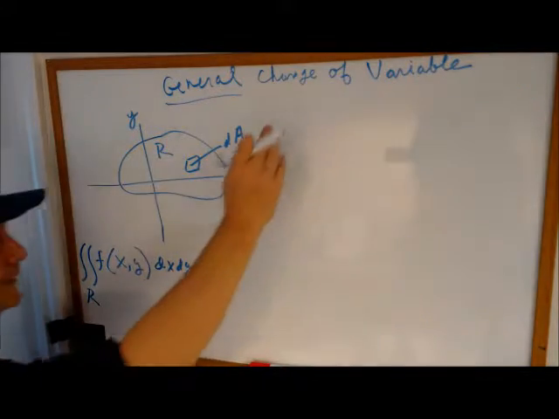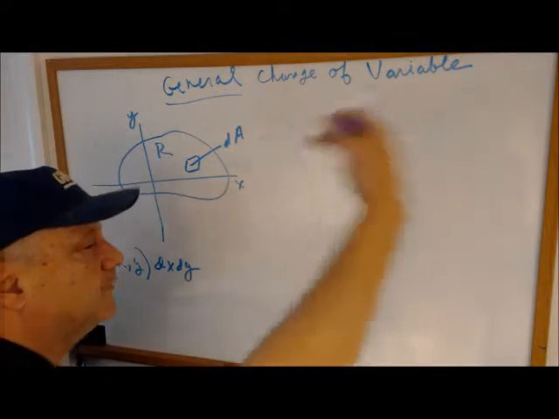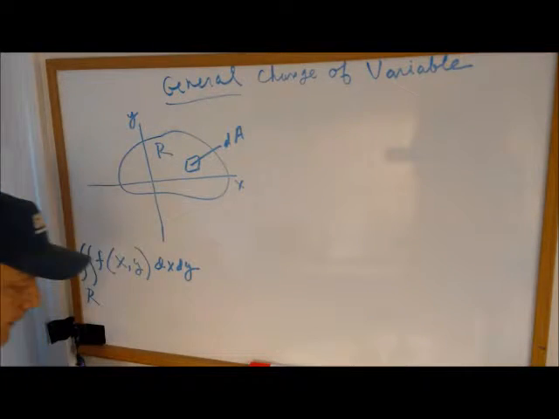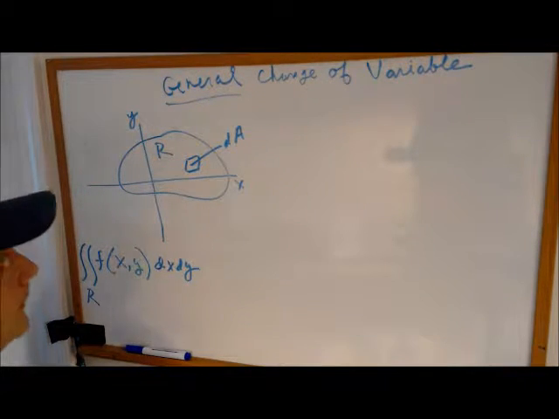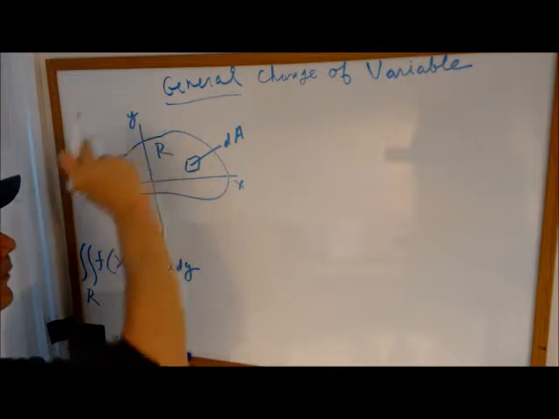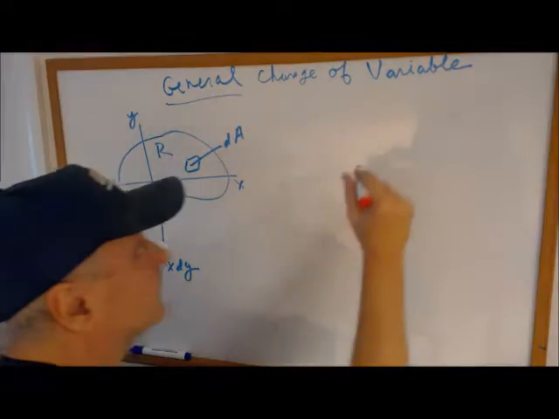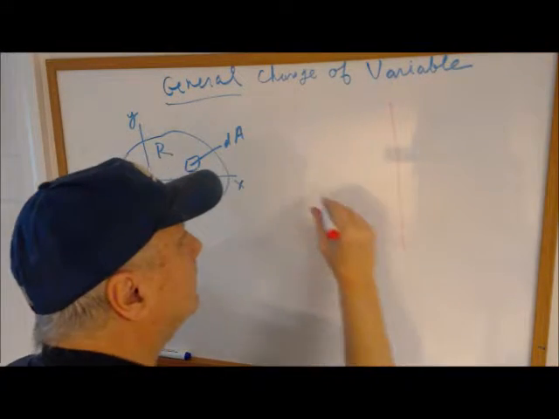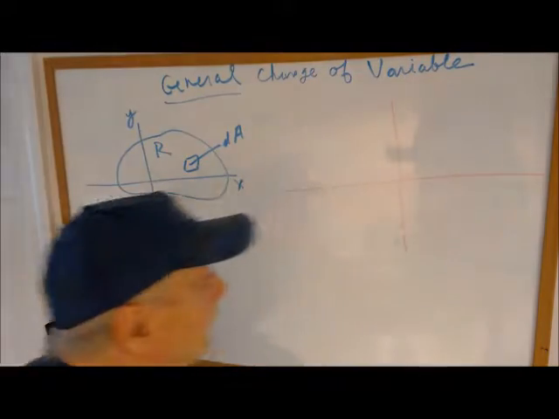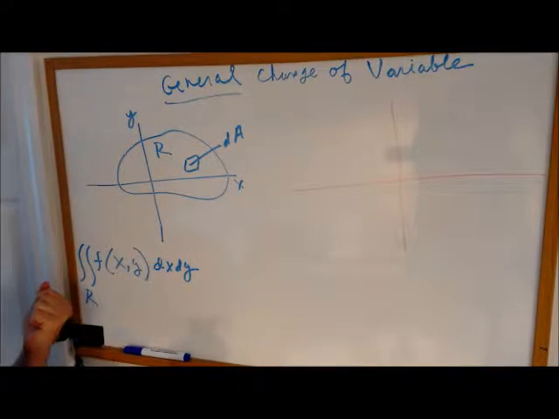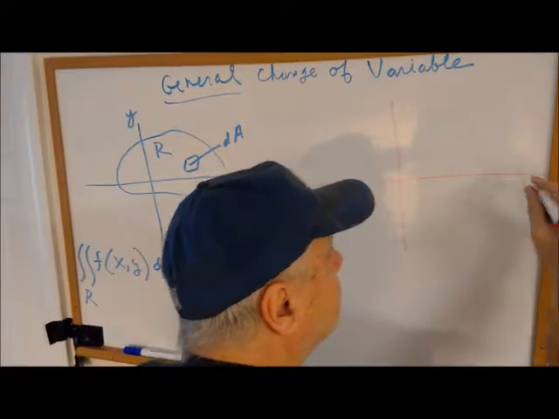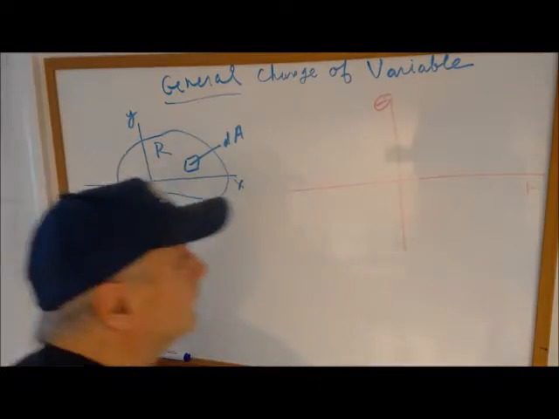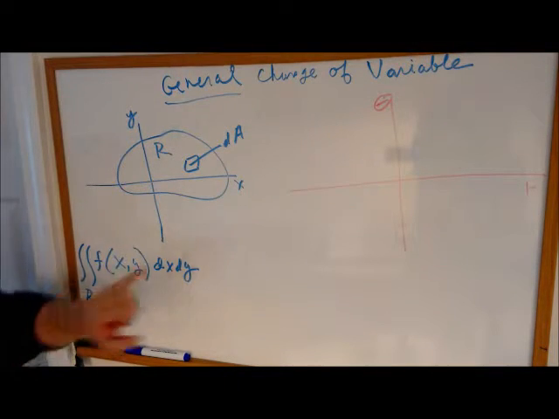So what we're going to do is change the variable, do some kind of transformation. So let's do that in red. So we're going to go from the XY coordinate system to, well, let's first use the example of polar coordinates. So let's transform to the R theta coordinate system as a particular example.